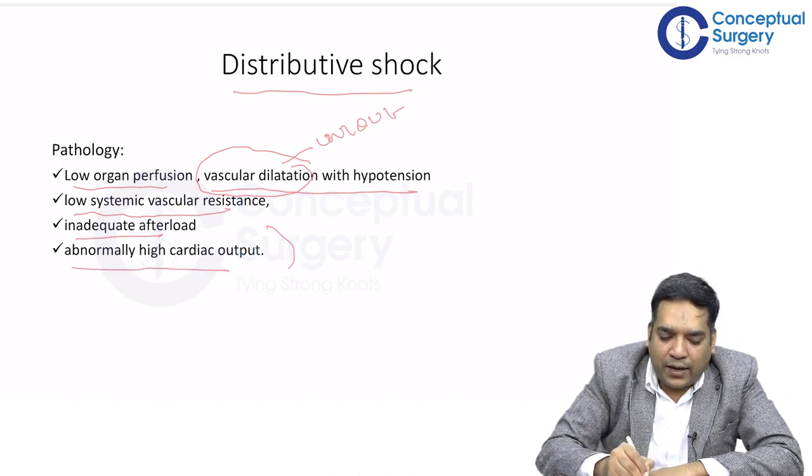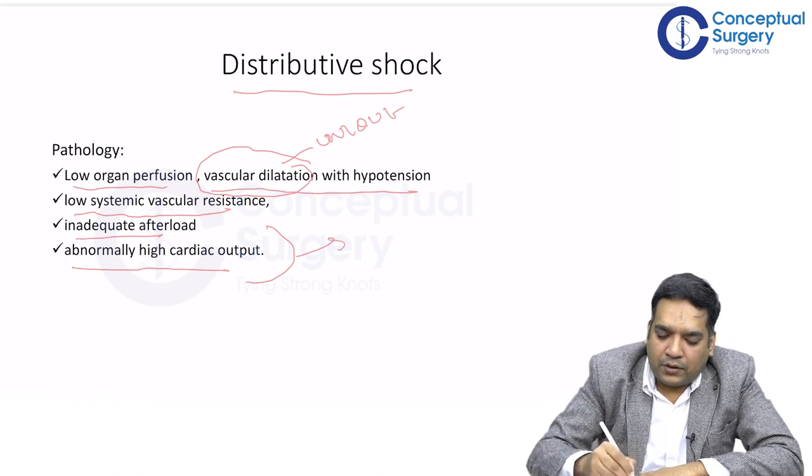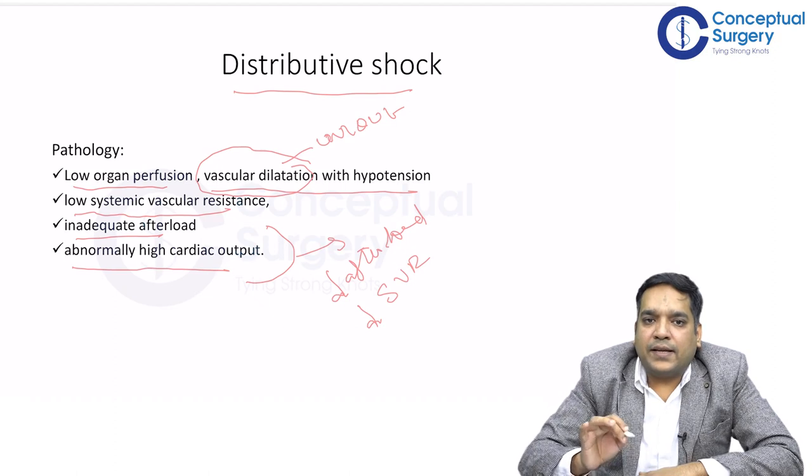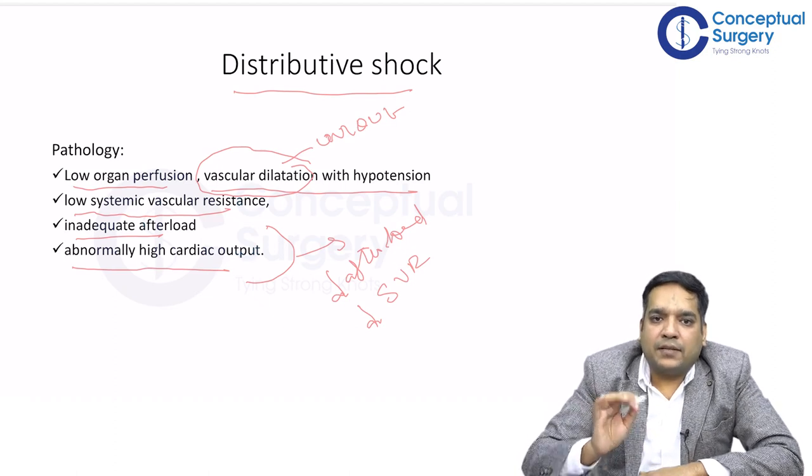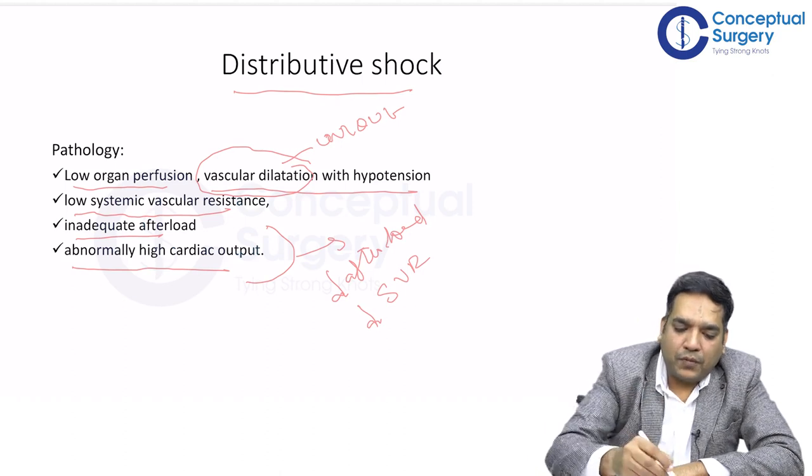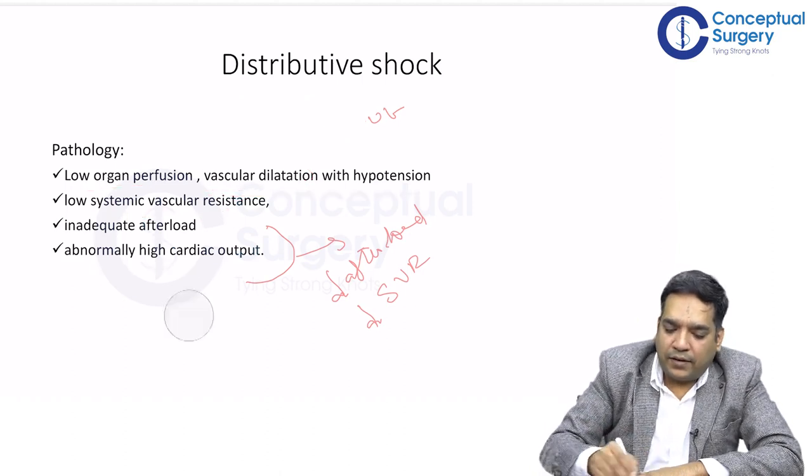Why is the cardiac output high? Because afterload is less, there is decreased systemic vascular resistance. So because of decreased afterload and decreased systemic vascular resistance, there is an abnormally high cardiac output. I hope, guys, this slide is very clear.